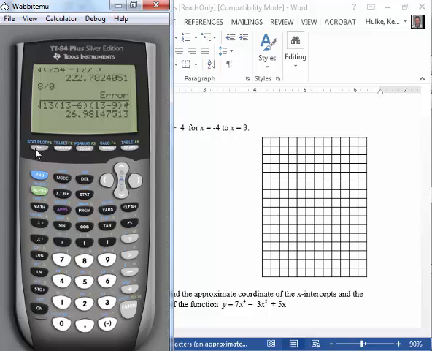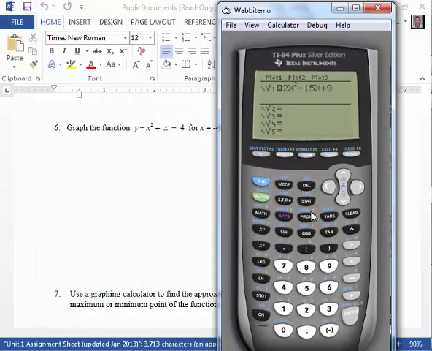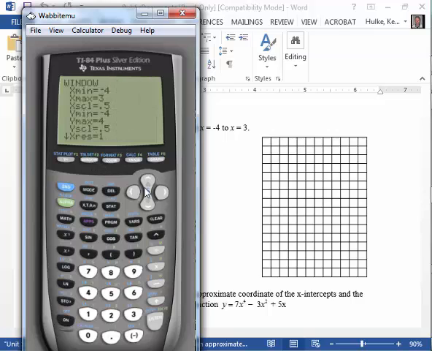We're going to do y equals, clear, x squared plus x minus, I'm not quite low enough, so my y is going to be from -5 to positive 3. And then I think everything will fit on the graph. There we go.